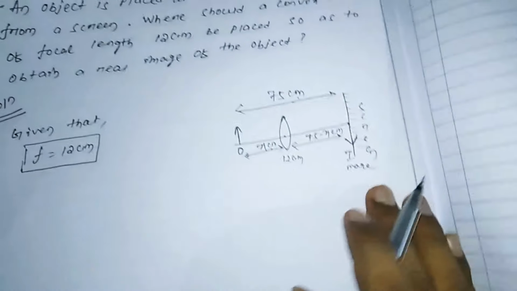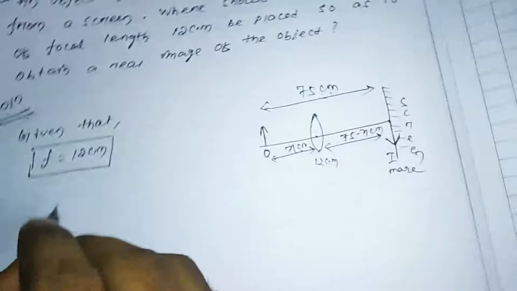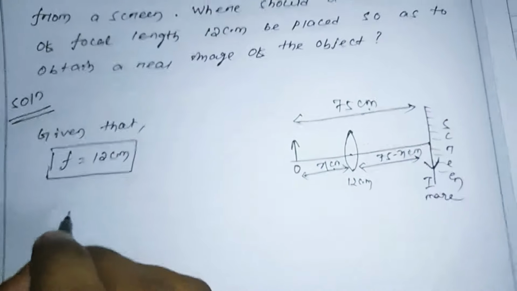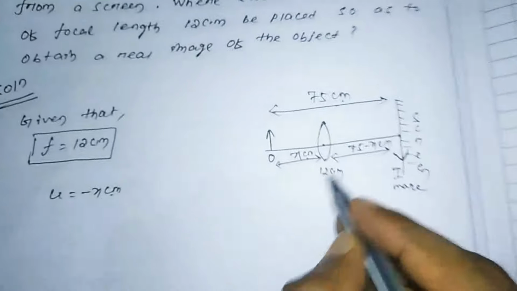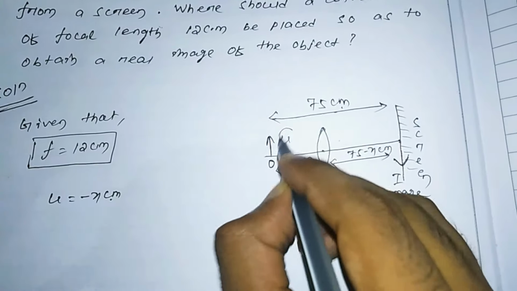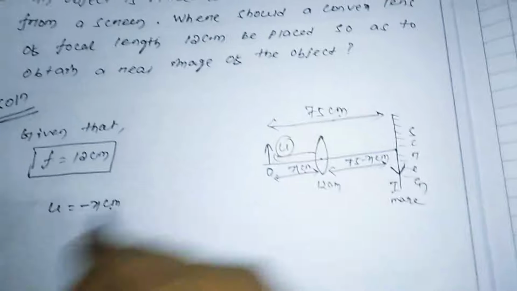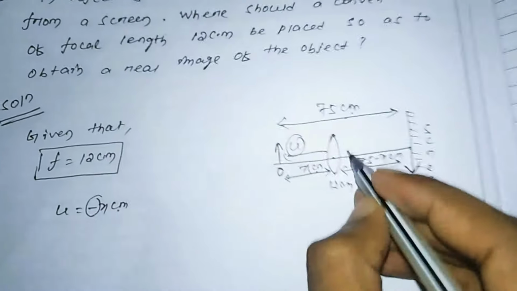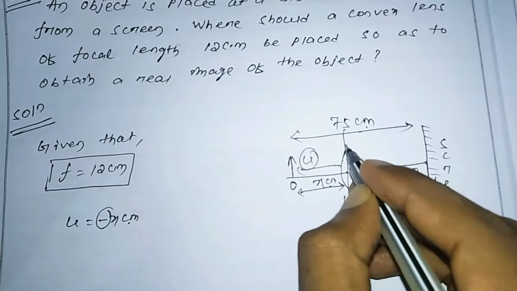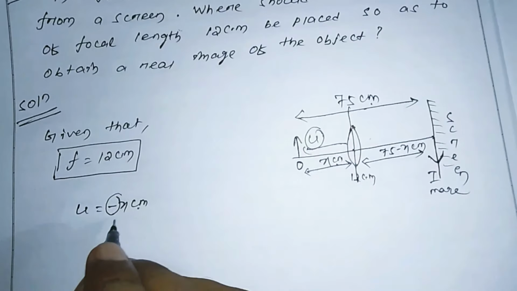So in the given figure, u is equal to minus x centimeter, because that is our object distance. Why the negative sign here? This is our sign convention: u is always negative.